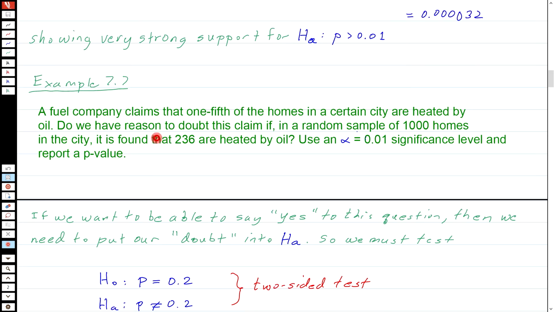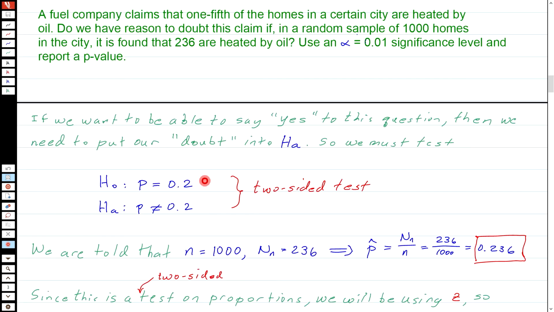You should not look at the results of the test before you decide on how to answer this question. Okay, so reason to doubt, we could get that if we're too far to the left or too far to the right. So two-sided test. We are told that n is 1,000. And the number of successes in 1,000 homes was 236.